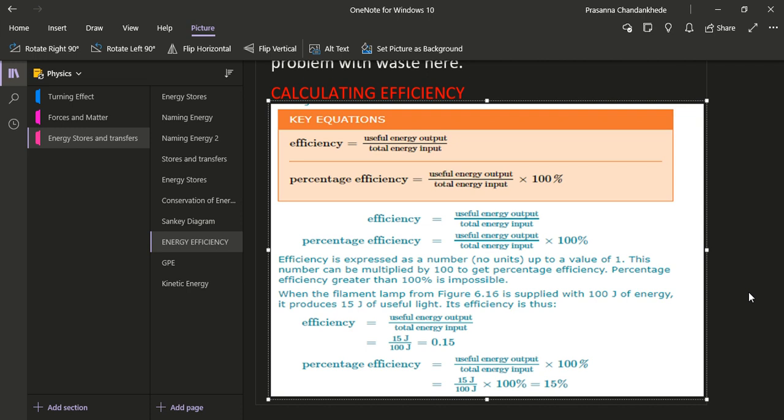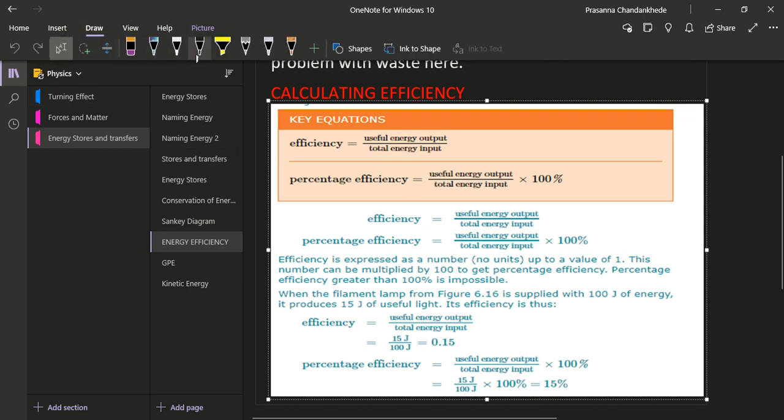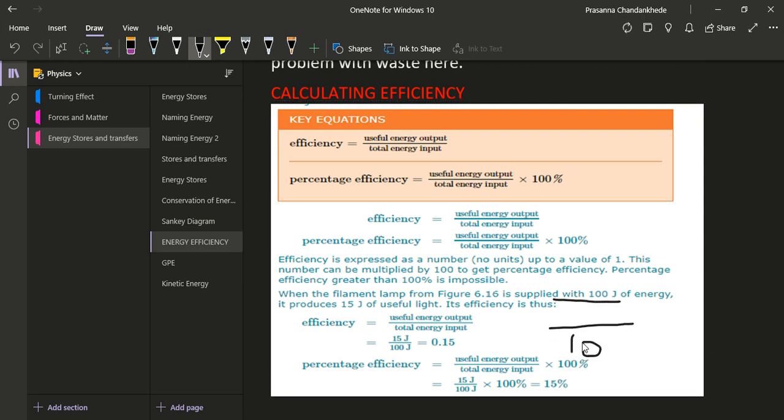When the filament lamp from figure 6.16 is supplied with 100 joules of energy, it produces 15 joules of useful light. Its efficiency is thus, okay, let me use the draw. So they say it's supplied with 100 joules. That means the total energy input is 100 J. The unit for energy is joules, by the way.